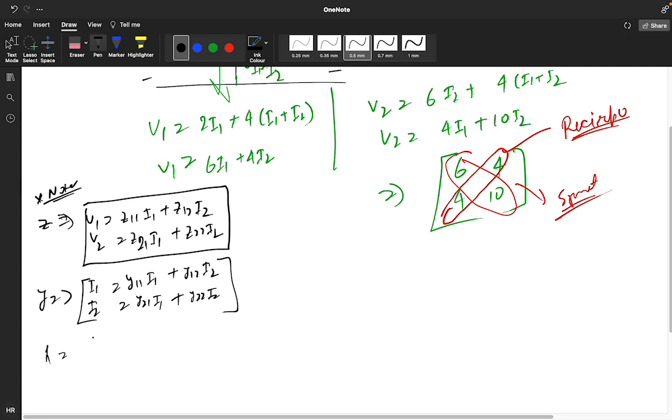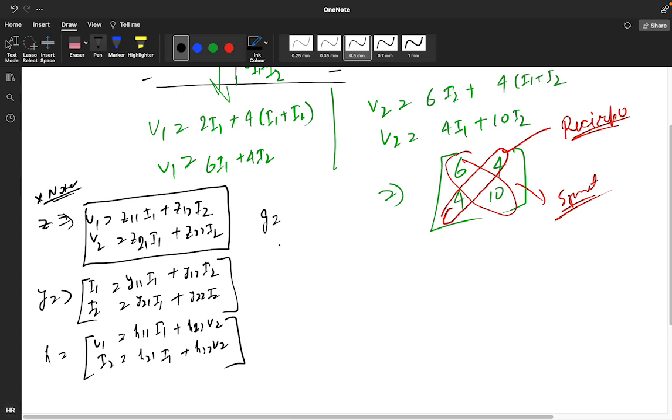Your H parameter: V1 is equal to H11 I1 plus H12 V2, and I2 is equal to H21 I1 plus H22 V2. So this is your H parameter.